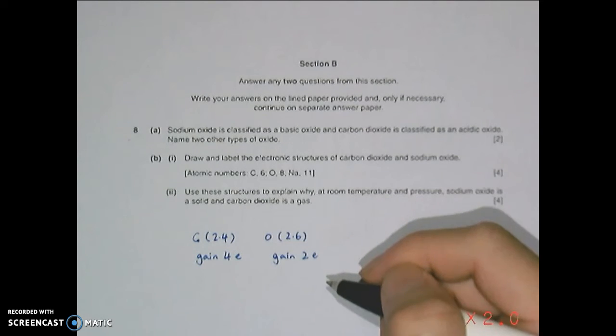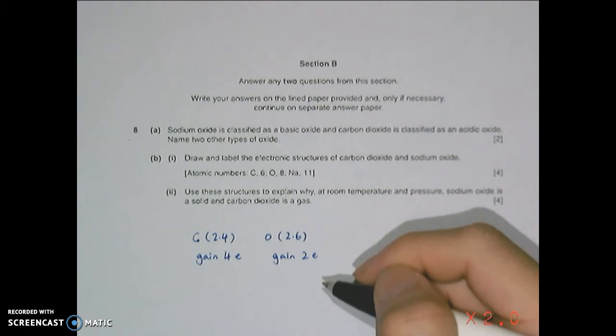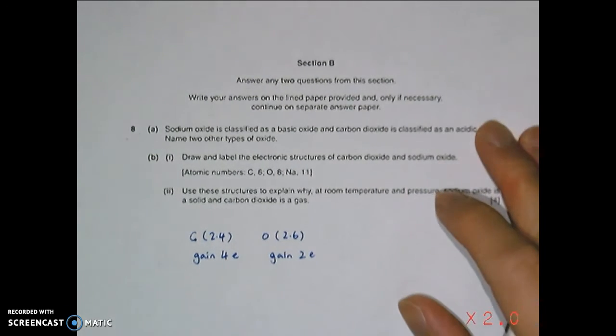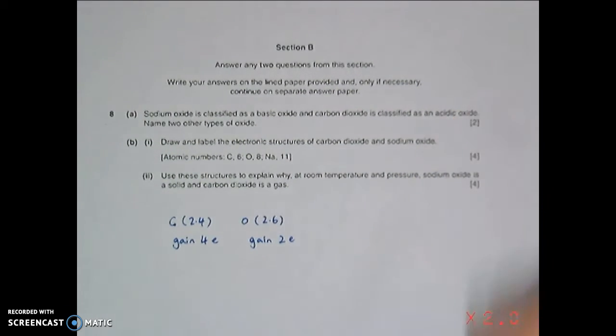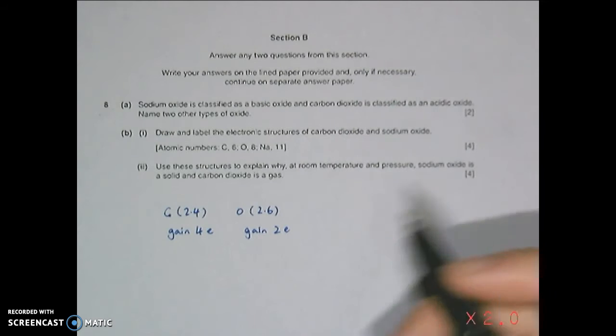When you draw the dot and cross diagram, do not forget the valence electrons of oxygen which are not in the covalent bonds. So this is how the dot and cross diagram looks like.